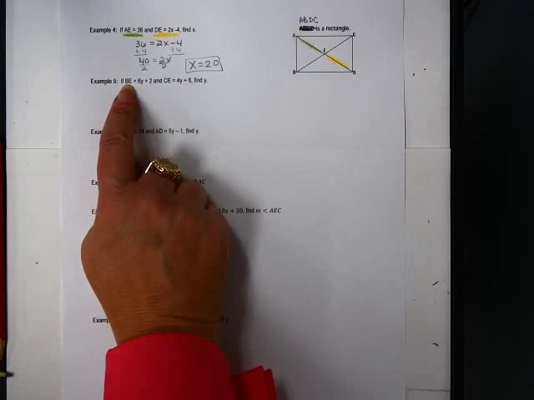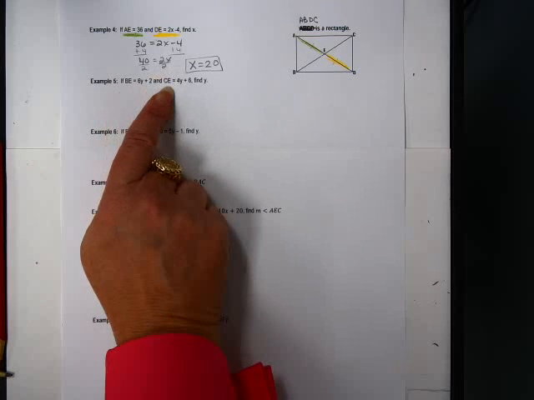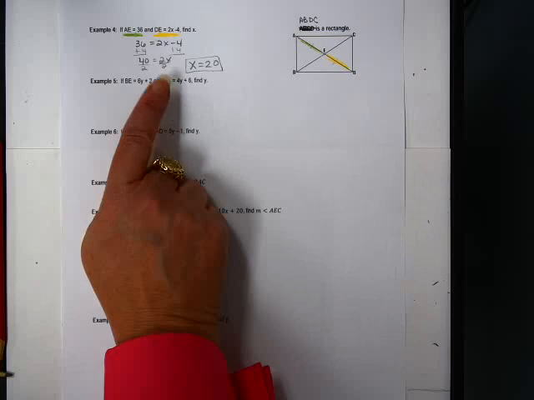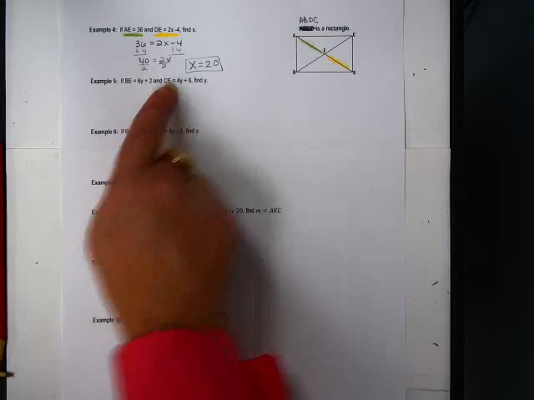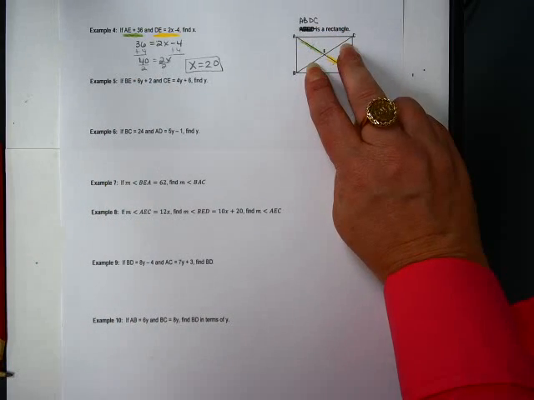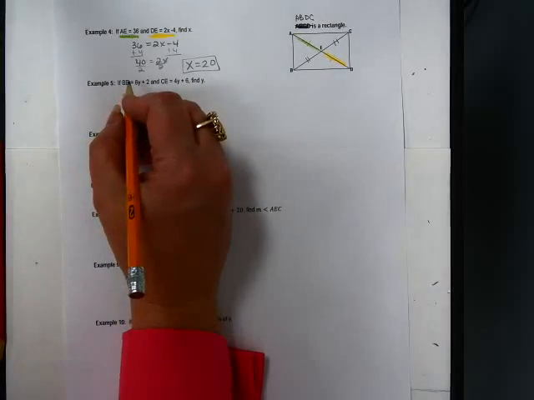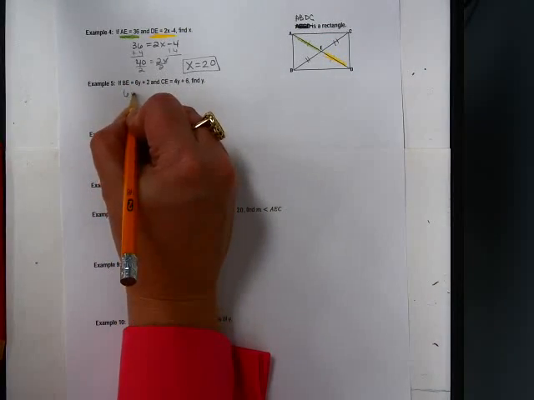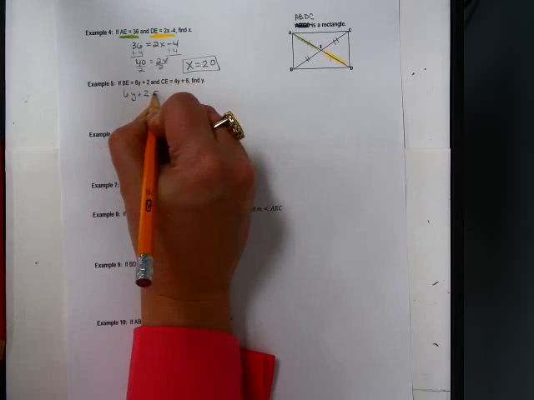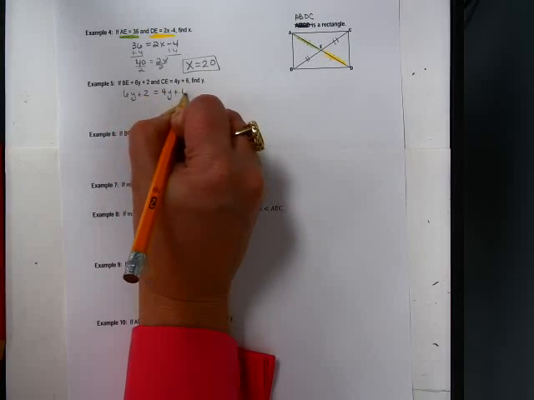Okay, now here, BE and CE. Again, these are diagonals. So you know they're going to be set equal to each other because they bisect each other. So I'm going to write 6y plus 2 is equal to 4y plus 6.